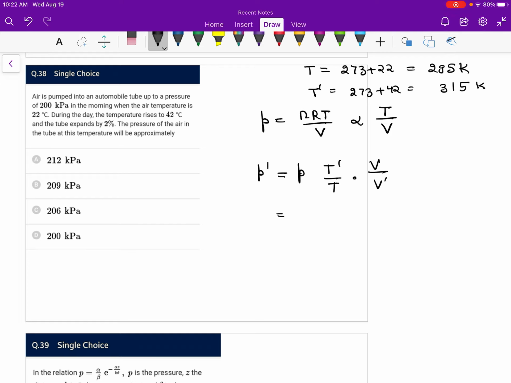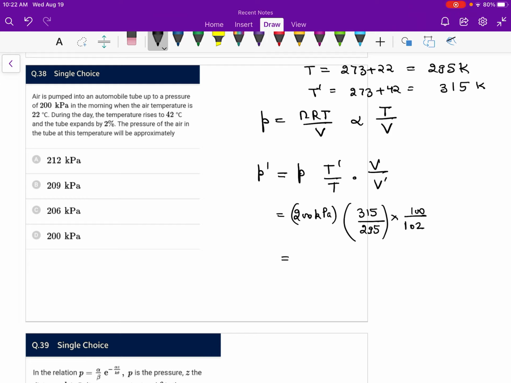So pressure initially is 200 kilopascal, and T dash upon T is 315 upon 295, and volume increases by 2%. So if initial volume is 100, then final volume is 102. So V by V dash is 100 by 102.